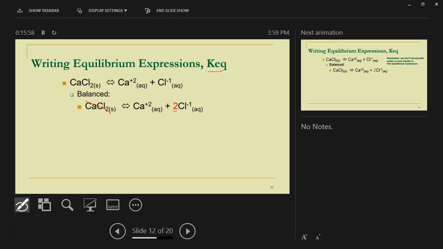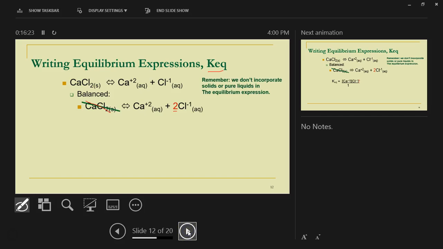All right. So I'm going to write my equilibrium expression. KEQ equals the concentration of my products raised to the power of their coefficients divided by the concentration of the reactants raised to the power of the coefficients. But remember, we don't incorporate solids or liquids.